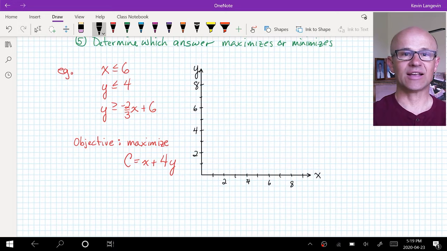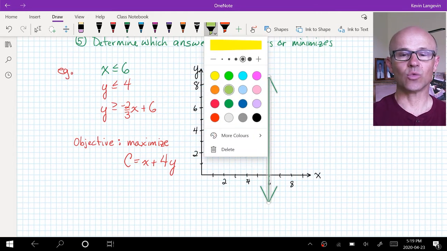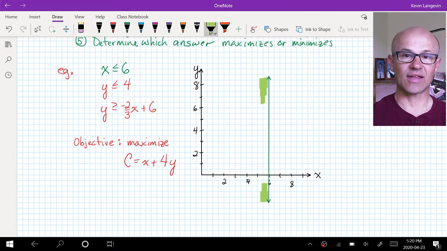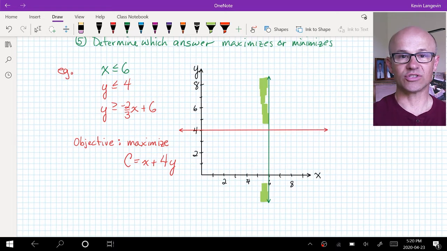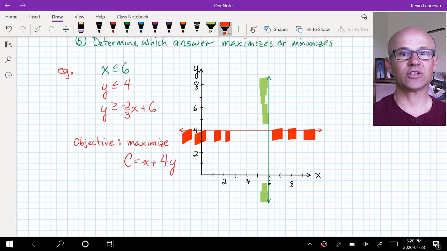Recall that x equals 6 is a vertical line through 6. Less than would imply that using a test point, we're shading to the left of that line. y equals 4 is a horizontal line through 4. Less than, using a test point, shows we're shading underneath the line.